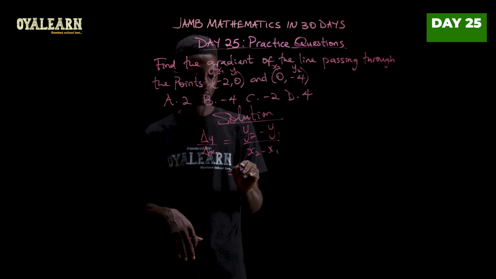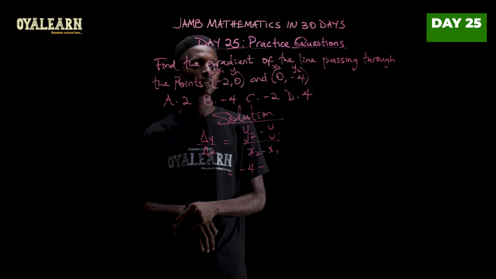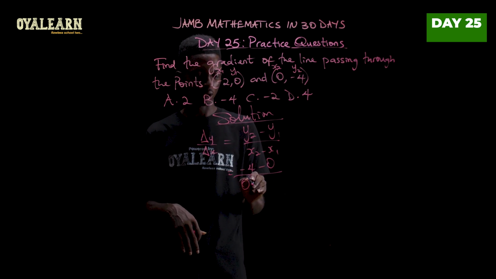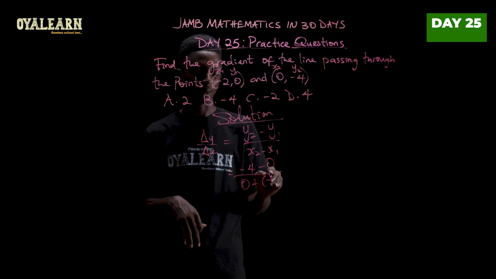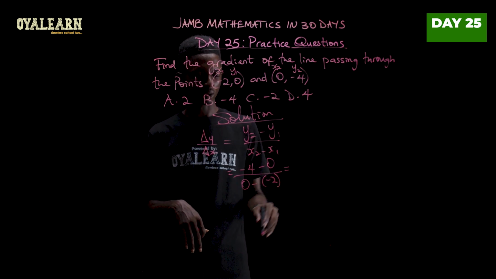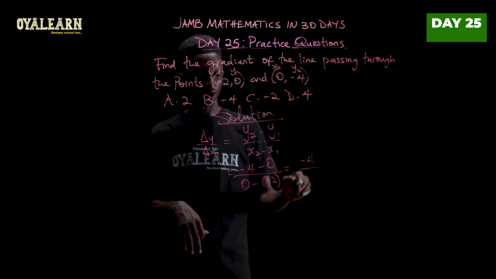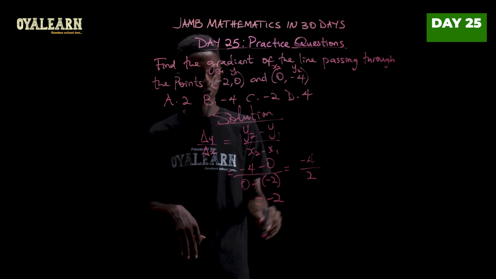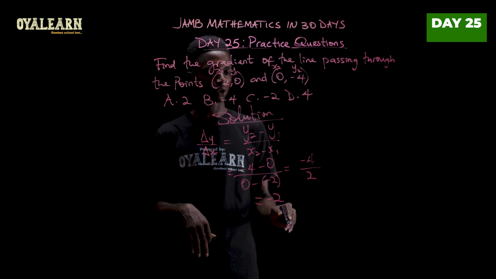Now, y2 is minus 4 minus y1, 0, over x2, 0, minus x1, minus 2. Now, this would give us minus 4 over 2. So, our gradient is therefore minus 2, and that is in option C.